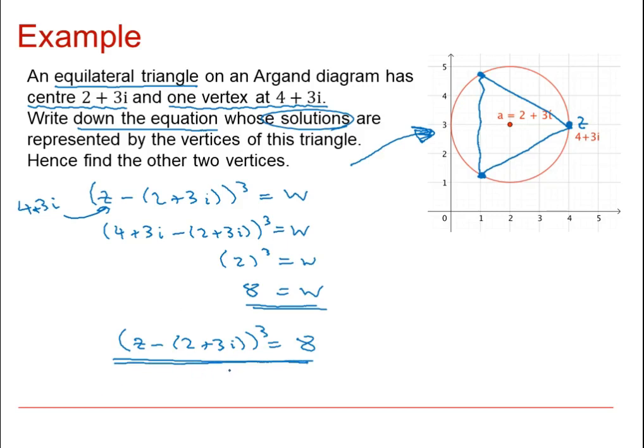So if you are given this equation in a problem, you may be expected to produce that diagram and show that the roots would lie on the circle and form an equilateral triangle.